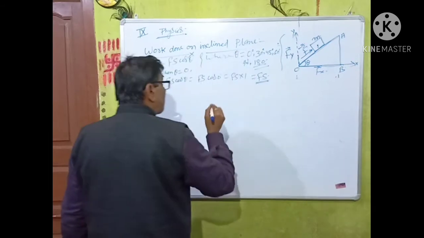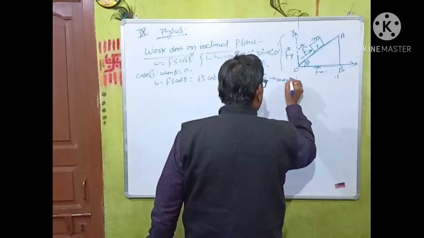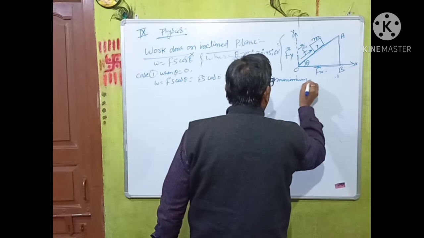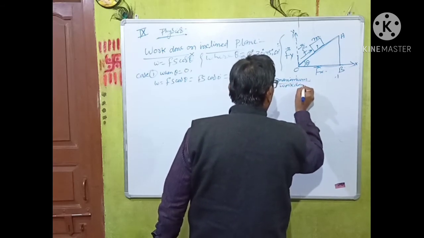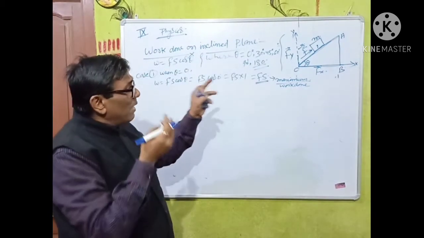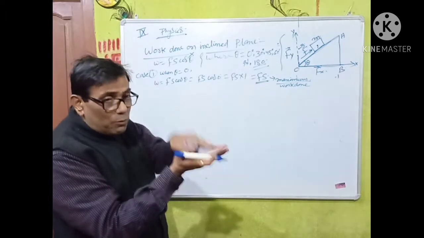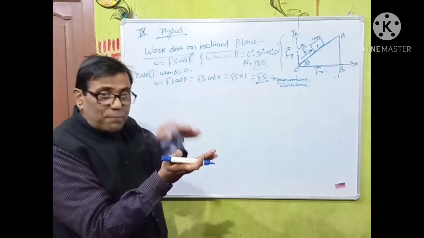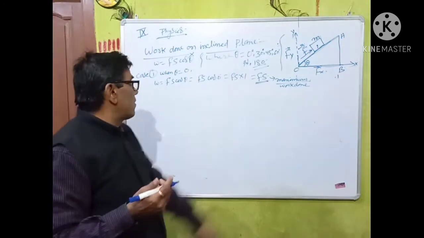So this is the maximum work done. Here theta is equal to 0, which means OA and OB overlap each other, so work done is maximum, that is Fs.